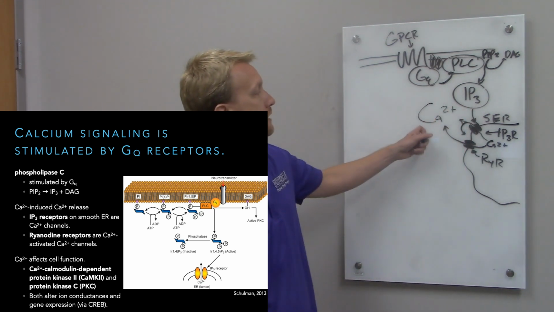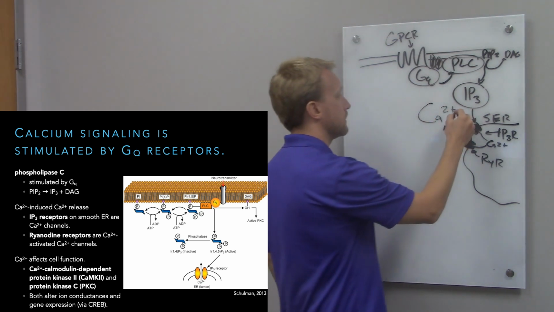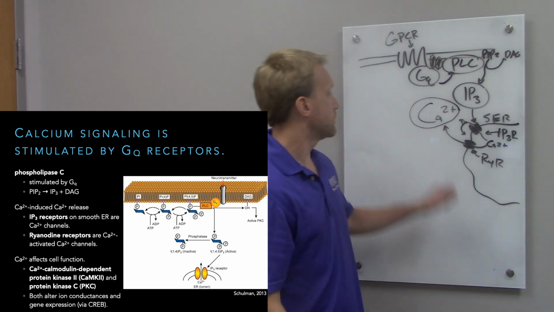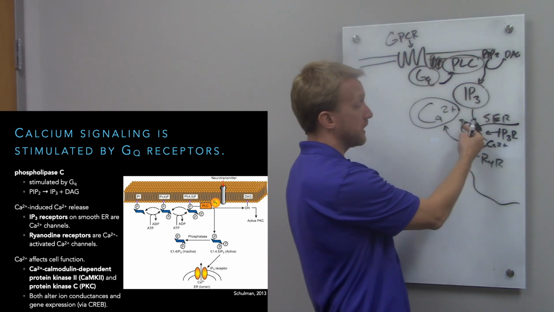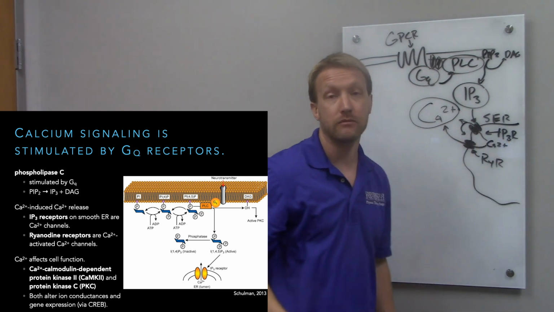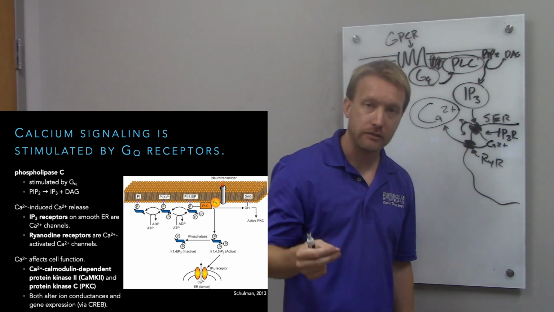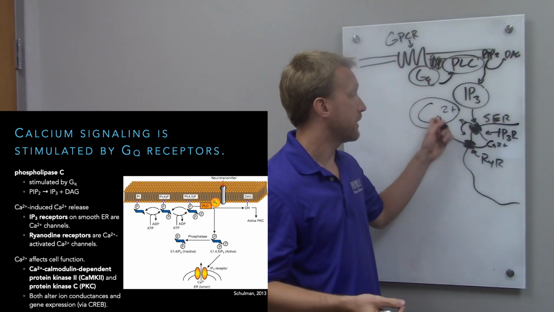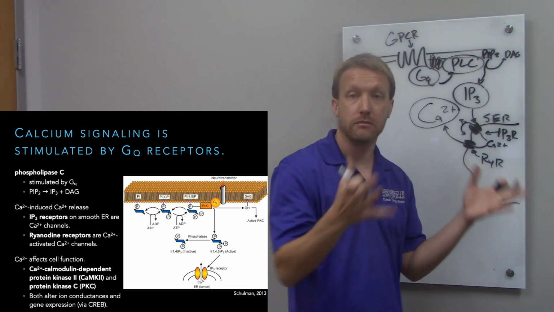That's what we want to see in a signaling pathway. We want big effects. So we get a burst of calcium because when a little bit of calcium leaks out from my IP3 receptors, it stimulates ryanodine receptors. And these are calcium-activated calcium channels. So it's not a little trickle of calcium. All of the calcium gets dumped out.